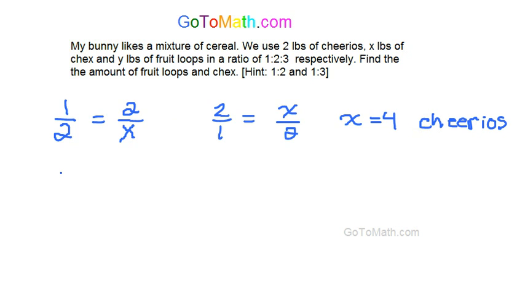That's right, a 1 to 3 ratio. But we're going to do this 1 over 2 is equal to, and then we're doing 3 over X. That's that 3 over X.